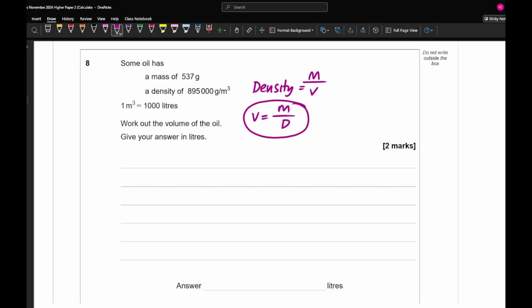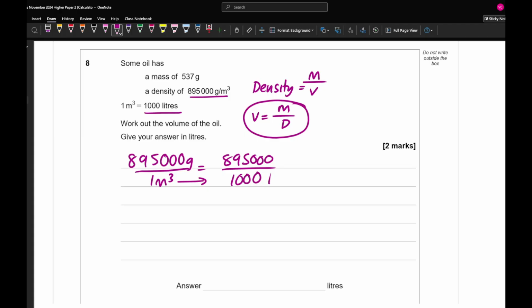Now, to do this, we need to convert the density into grams per litre. So to do that, if we recognise that 895,000 grams is 1 cubic metre, then if we replace the 1 cubic metre with 1,000 litres, what we get is our density in grams per litre.